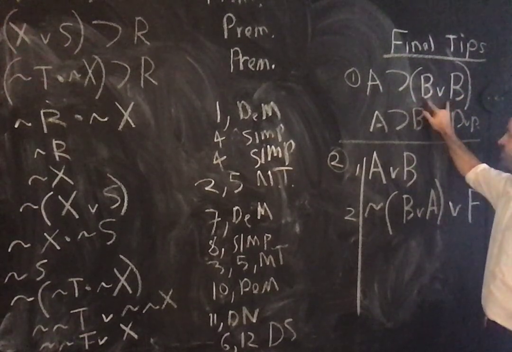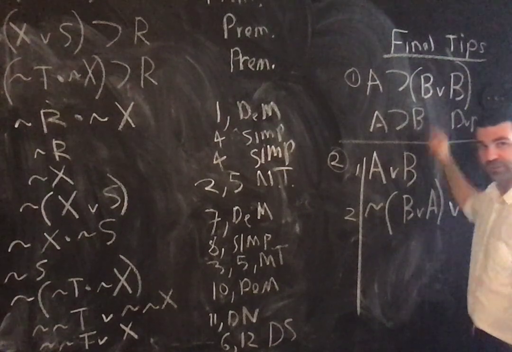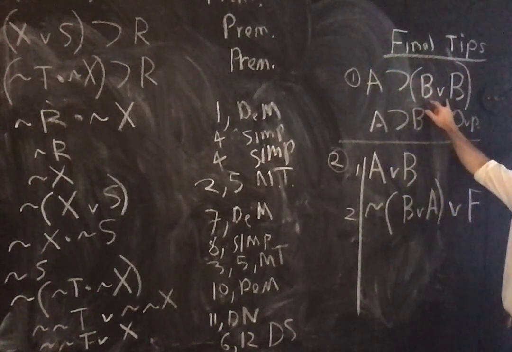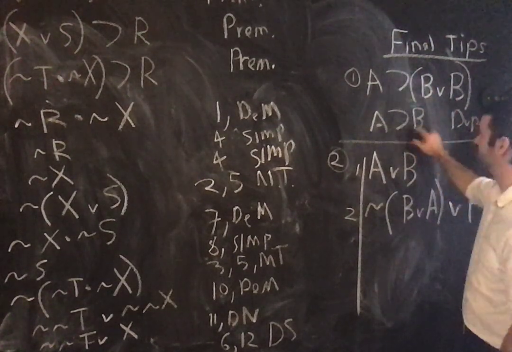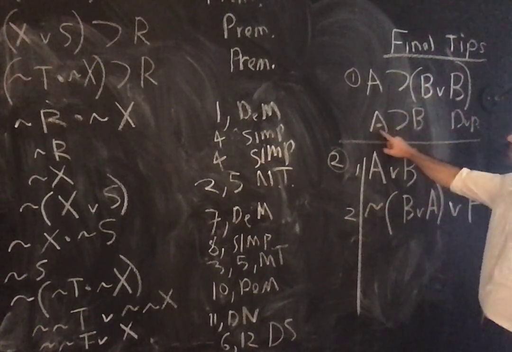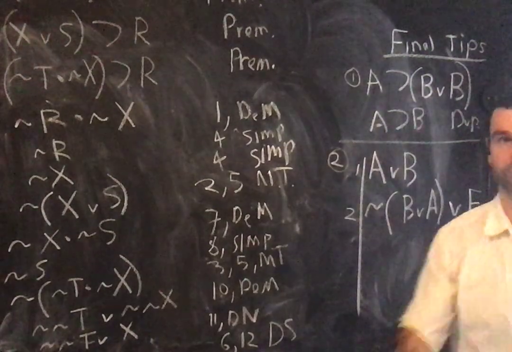B is logically equivalent to B or B. Whenever this is true, this is true. Whenever that's false, that's false, and vice versa, right? So you're replacing it with something with the same truth value. So A hook (B or B) is logically equivalent to A hook B. You can reduce it to that by DUP. That's one tip.